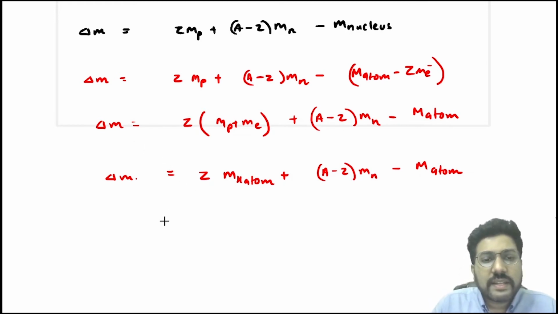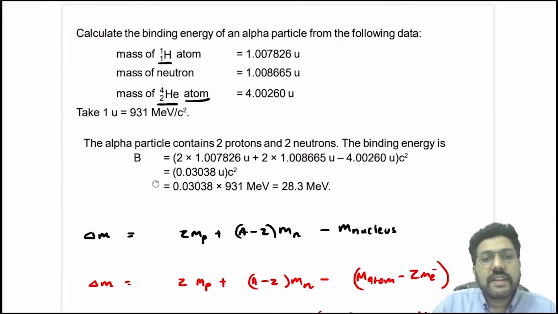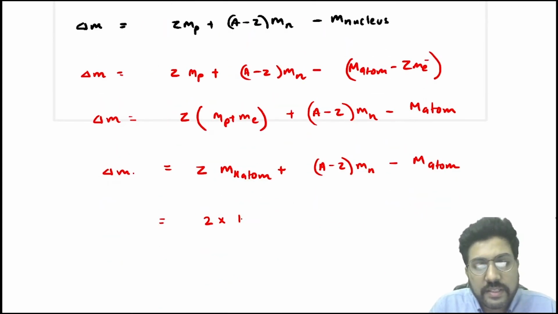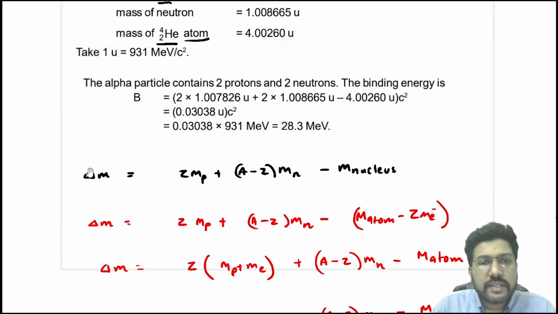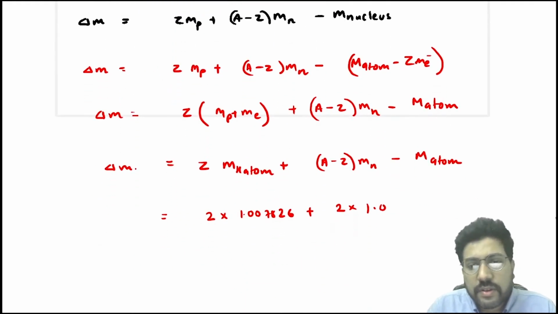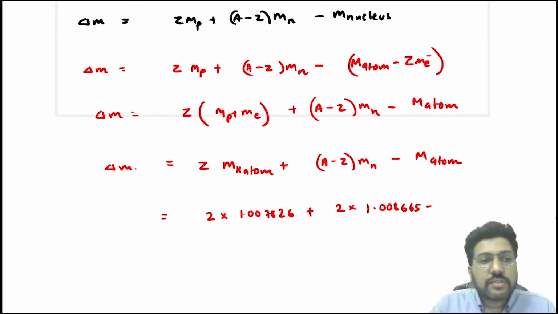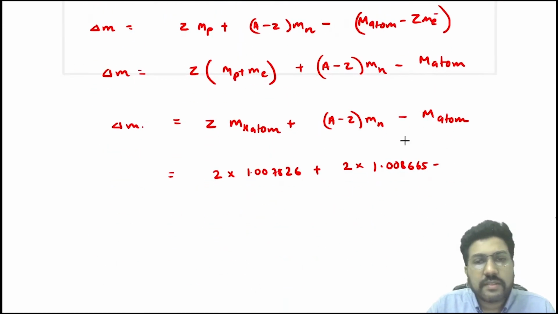Once you get this delta M, you just have to put in the values. Z is 2, the mass of hydrogen atom is given as 1.007826, plus (A minus Z), which is also 2, into the mass of neutron, 1.008665, minus the mass of helium atom, which is 4.00260.